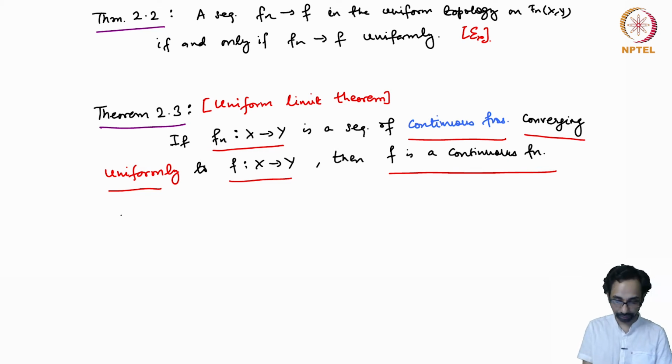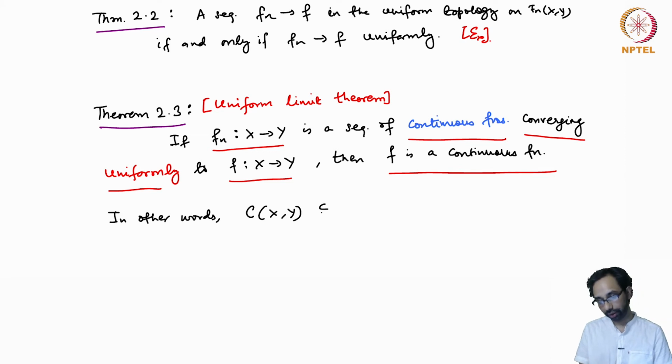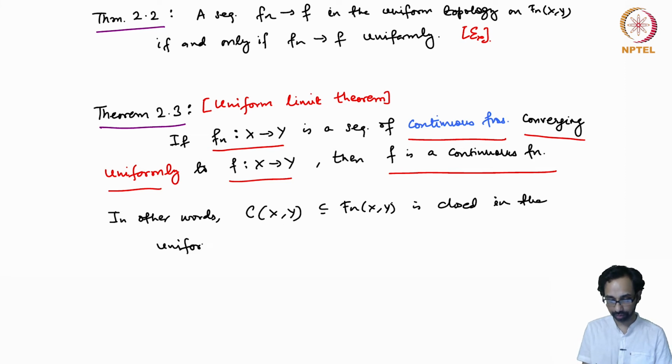And said differently, in other words, we can say that the set of continuous functions as a subset of the set of all functions is closed in the uniform topology on F(X,Y).